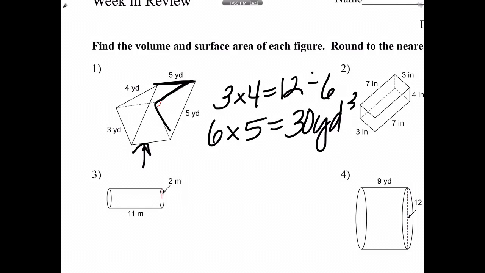As you can see, the hardest part is just to identify the sides of the triangle where it's the right triangle, so you can get the base and the height.